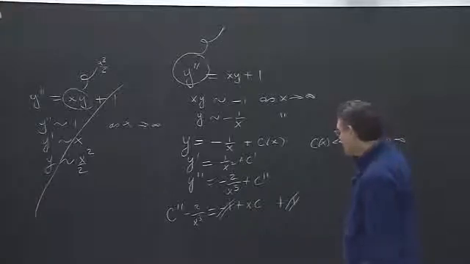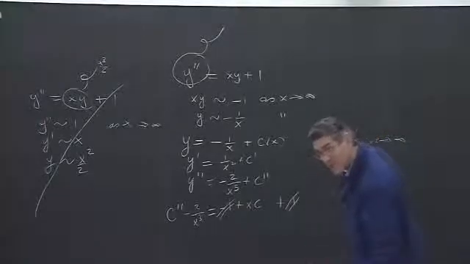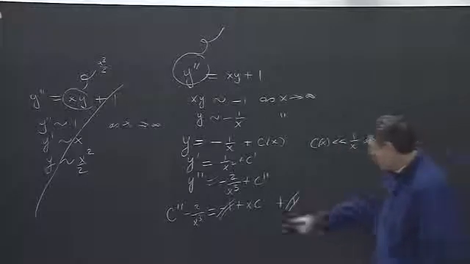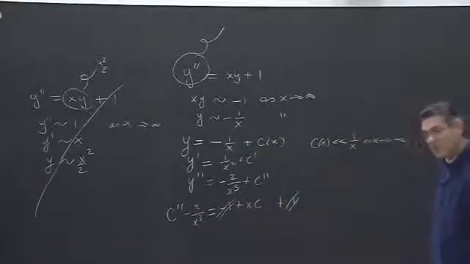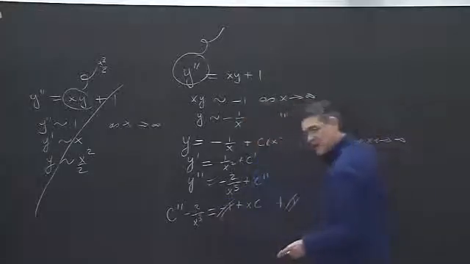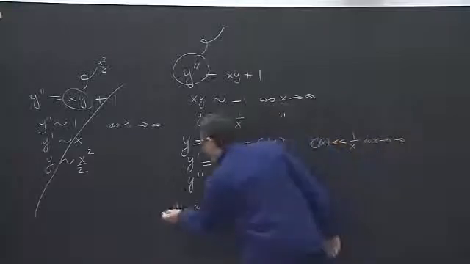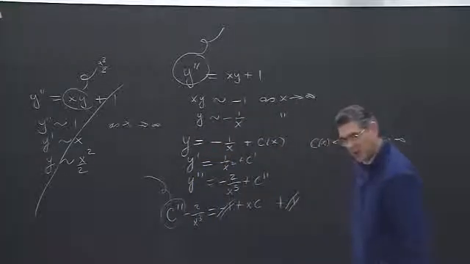Now we have a new equation. Maybe we can just throw away c''. Is that consistent? This is an equality, and what you say is, can we throw this away and replace it by an asymptotic approximation?